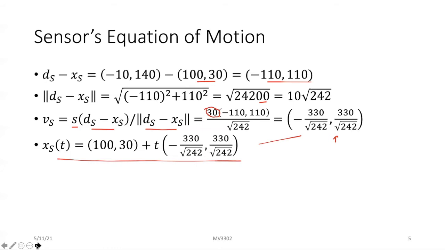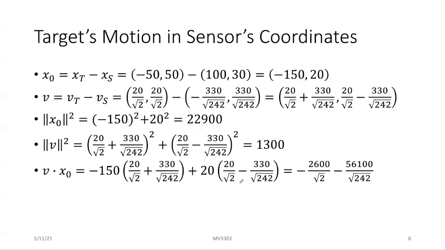Okay, so now that we have the two equations of motion, we can now determine the target's motion in the sensor's coordinates. So that's what we need to do in order to bring everything into a situation where the sensor is stationary at the origin. So the relative location is the difference between their starting locations. So that's the target minus the sensor.